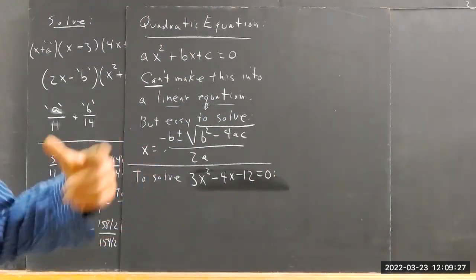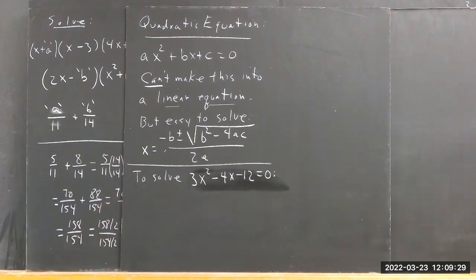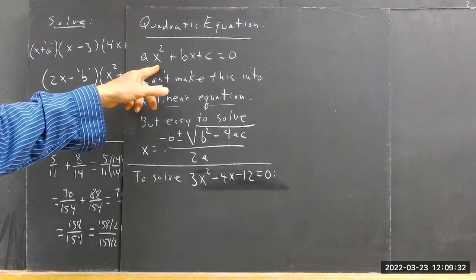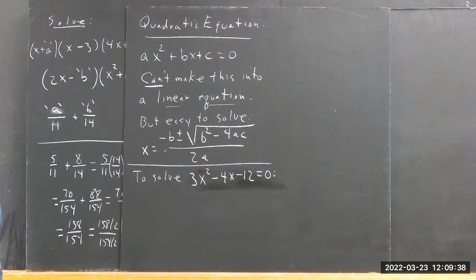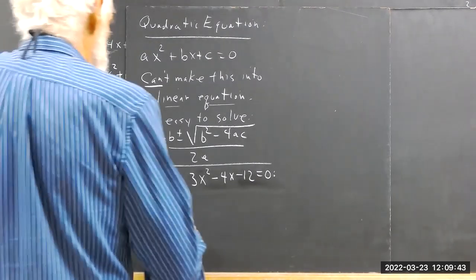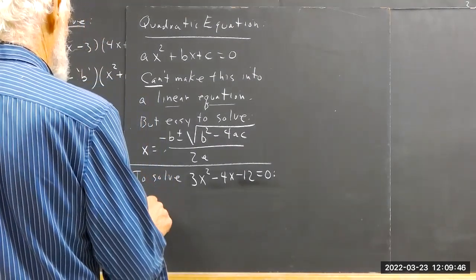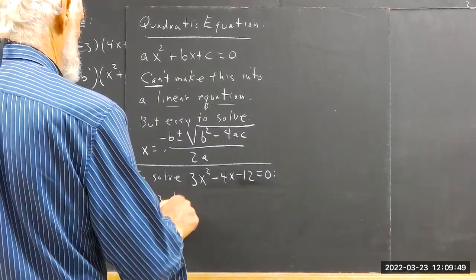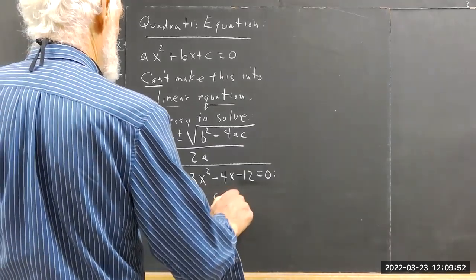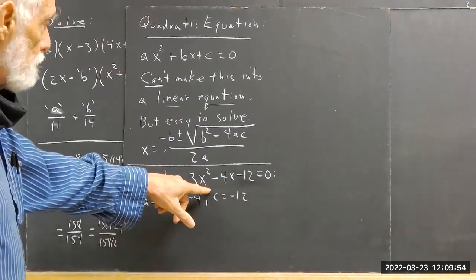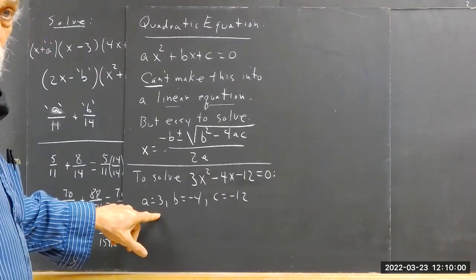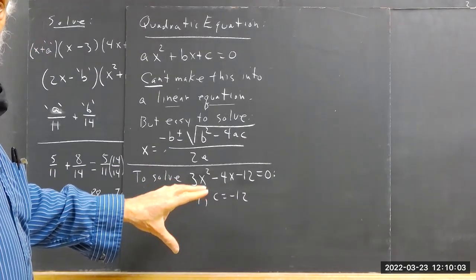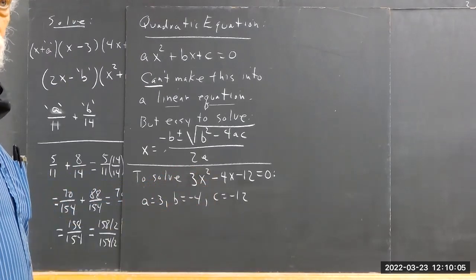Solve this: you identify a, b, and c. A is the number in front of x squared, b is the number in front of x, and c is the number that doesn't have a variable. In front of x squared, you have 3. Everybody okay with that?